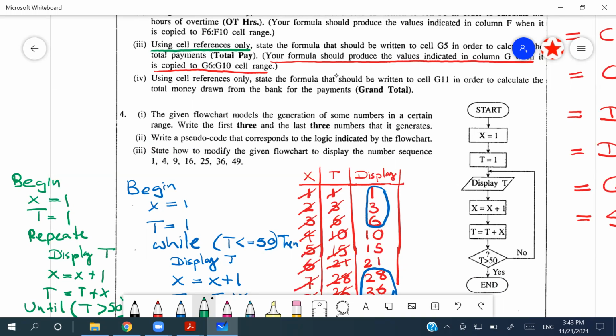So we are going to display the T always. So if you want to show 1, 4, 9, 16, 25, the place that you are going to change is over here.